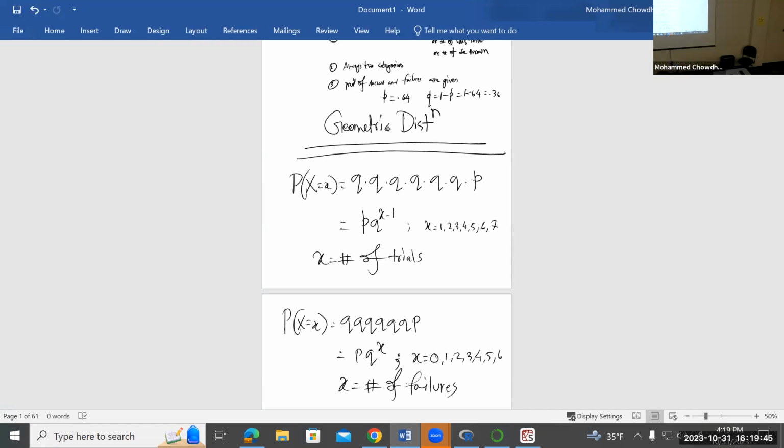Most of the time we are happy with only one success: getting one college admission, one job, one car, buying a home, having a good spouse, and then having a child. By reading the question, if you see that there is a problem of only one success, and before that a series of failures, then it will be a geometric distribution.